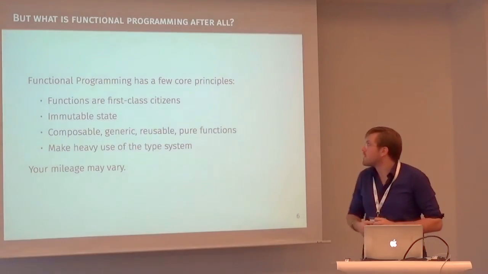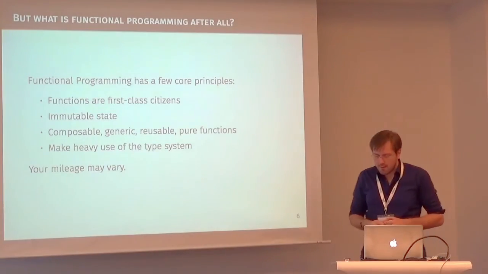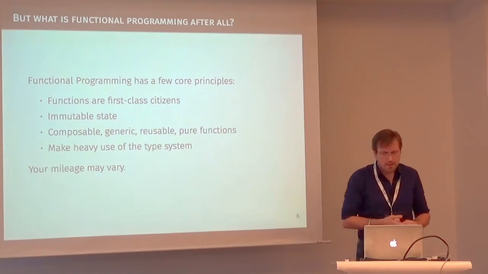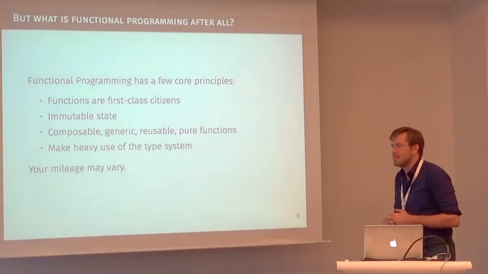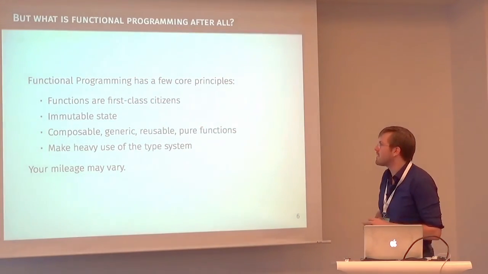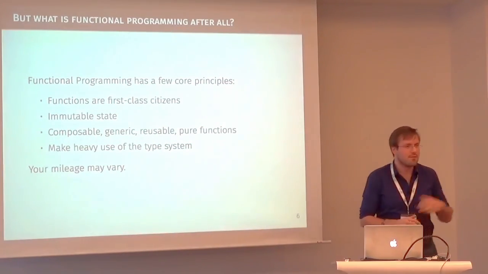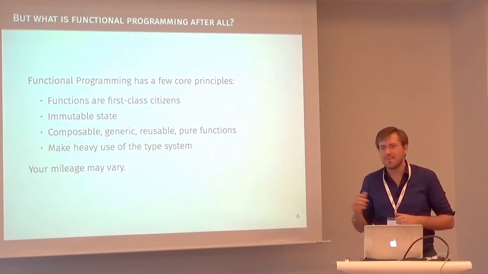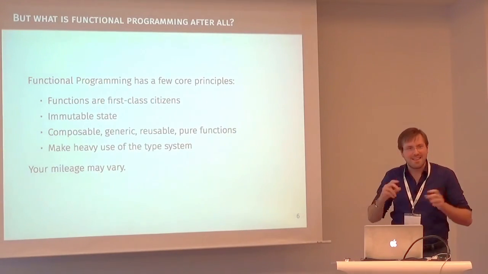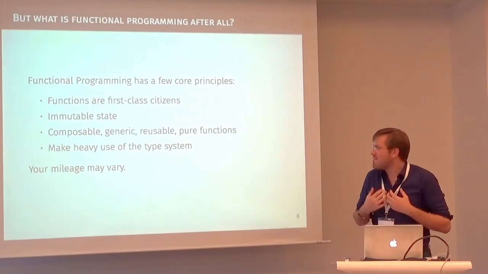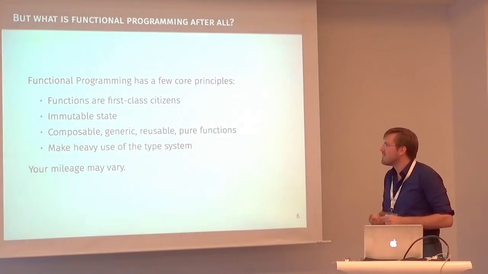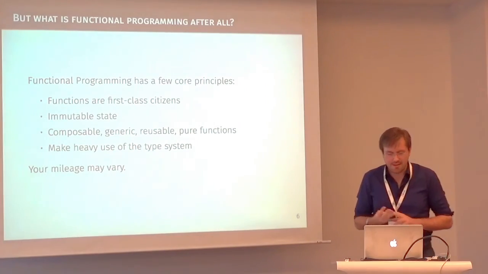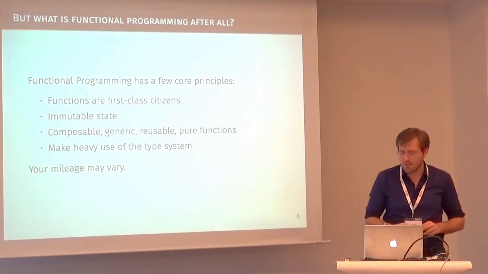And so what is functional programming? Functional programming is not uniquely defined. You can ask a Haskell programmer or a Clojure programmer or a Lisp programmer, and everybody will say, this is my personal vision of functional programming, and these are the four most important characteristics of functional programming, in my opinion.